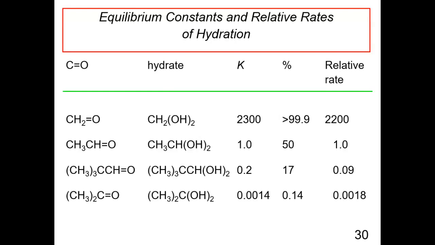If you look at these two aldehydes, they actually have a very large difference in steric hindrance. This aldehyde has a methyl group connected to the carbonyl carbon, and this aldehyde has a tertiary butyl group connected to the carbonyl carbon.